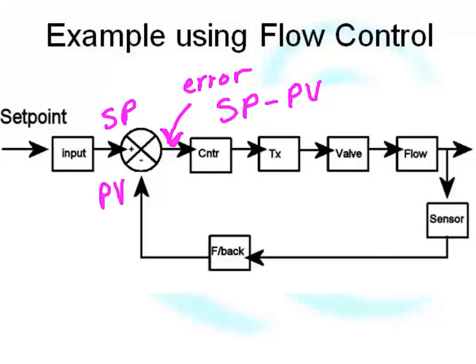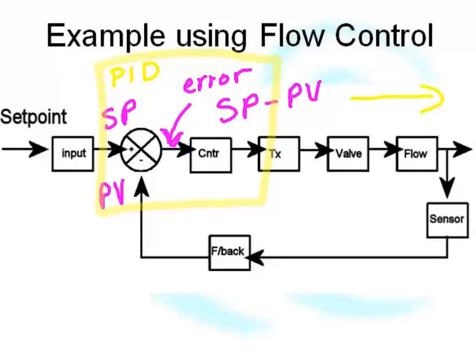We've already looked at PID, so this section here is effectively the PID block. That's what the PID block does. It compares the set point to the process variable, which is the feedback, and calculates an error, and then based on that error, it makes a decision to output to a valve.